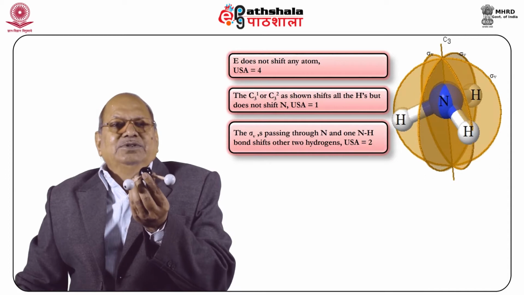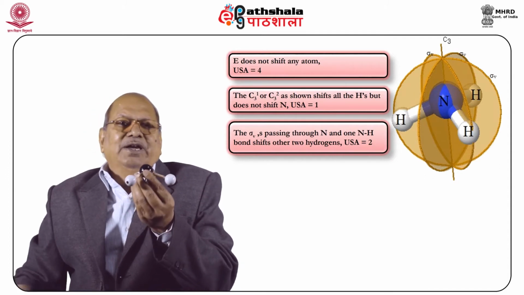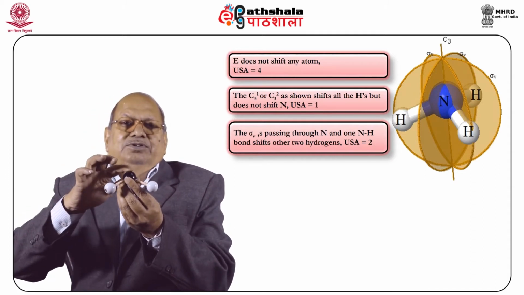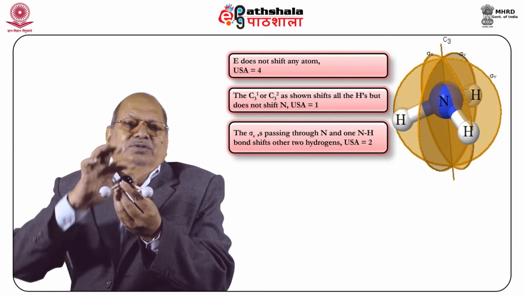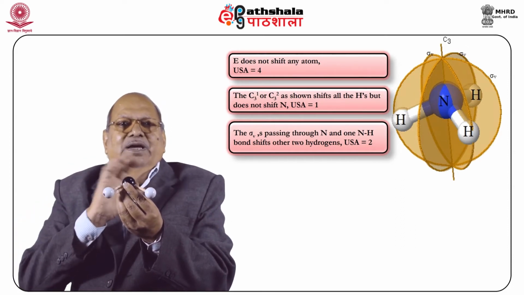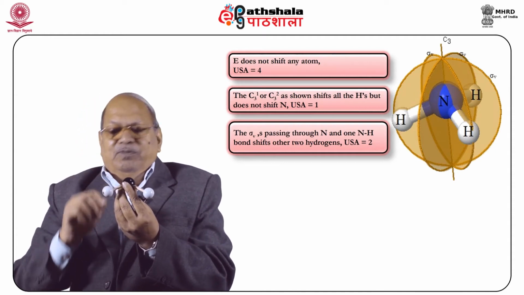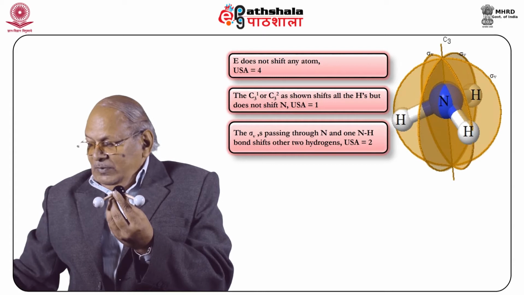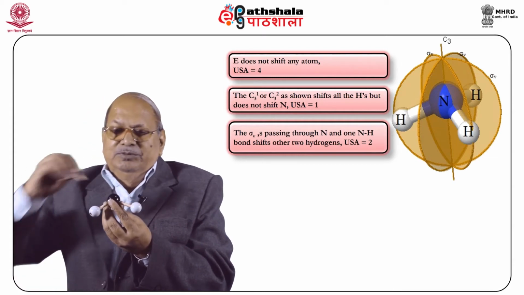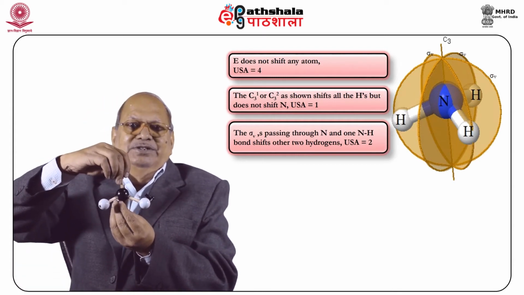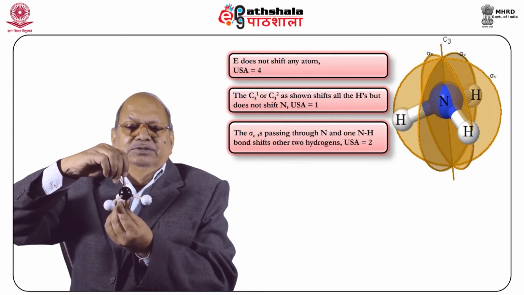How many atoms are in this molecule? I have 4 atoms: nitrogen, hydrogen, hydrogen and hydrogen. And I have to see how many atoms are shifted. Let us perform the C3 operation around this axis, like this.